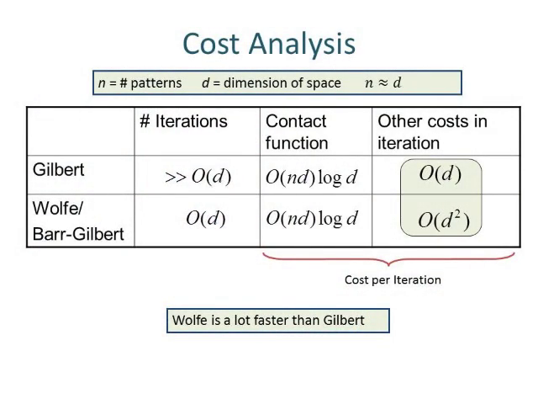And now do a cost analysis, and what you find is that the contact function, like we said, is a d log d operation, and you're doing it for every one of the patterns, and therefore the n comes in, say n d log d. And the other costs on the iterations are very similar for Gilbert and like before. There's no change in that. And again, very similar to what I talked about earlier, Wolfe is again a lot faster because of that.